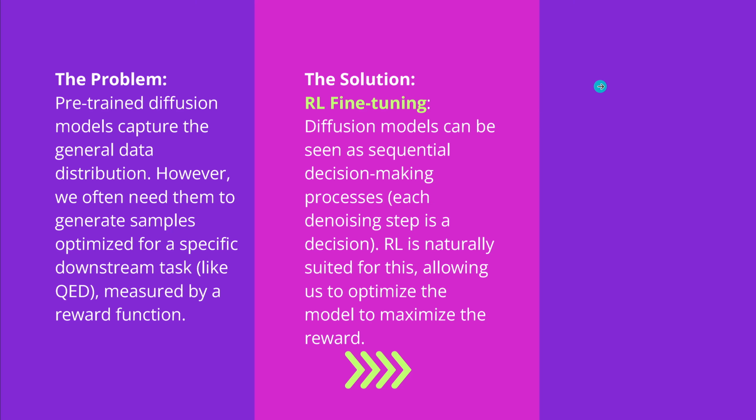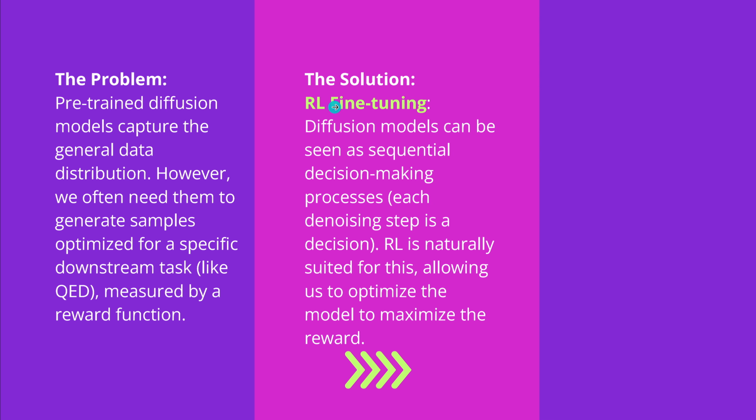And now you see what's happening. Those diffusion models can be seen mathematically as a sequential decision-making process. So this means that each denoising step in the diffusion model is a decision. And reinforcement learning is naturally suited here to solve this, allowing us to optimize our AI model to maximize the reward in this particular reward configuration.